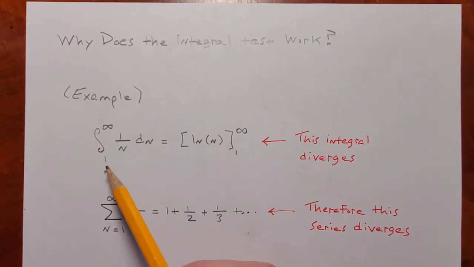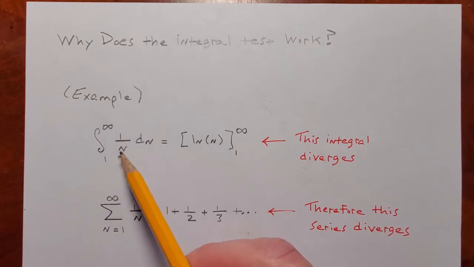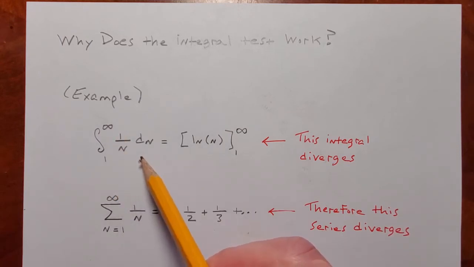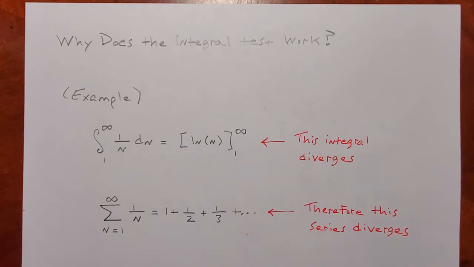We can use this integral, the integral from 1 to infinity, 1 over n dn, to tell if the series converges or not. The integral and this series will do the same thing. This integral happens to diverge, so that means that the series diverges. That's a very brief overview of how to use the integral test.